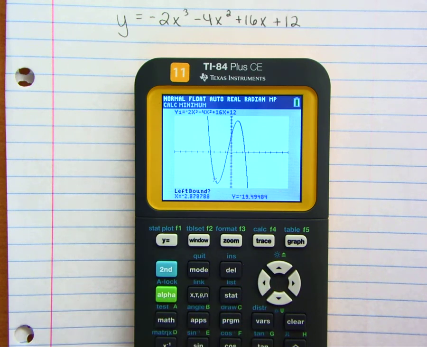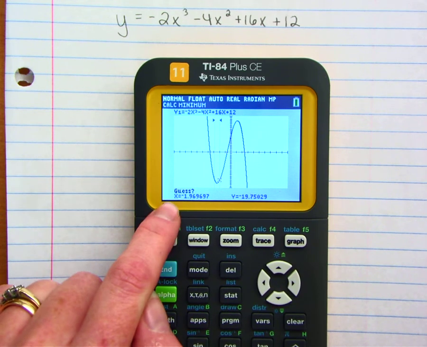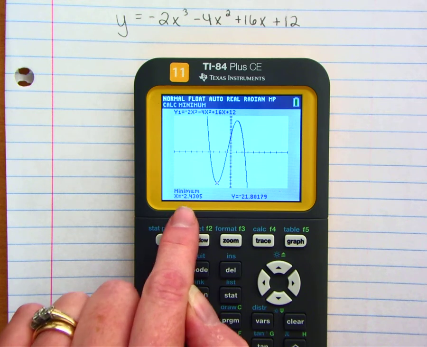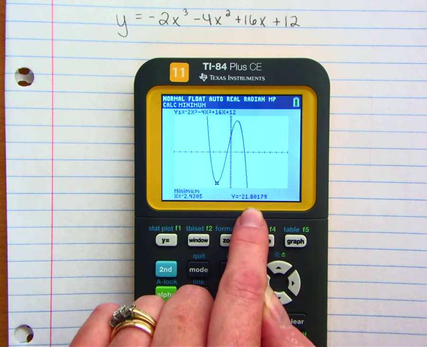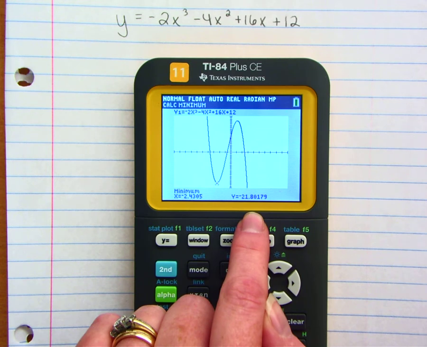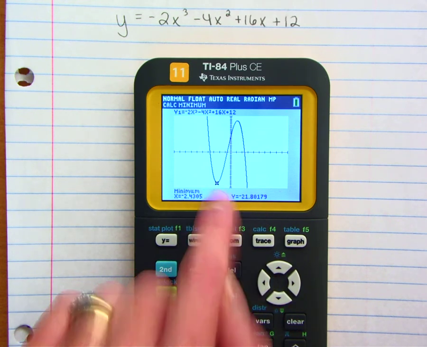So we're right over here, enter, and then to the right side, hit enter. It again says guess. If we hit enter one more time, the minimum value is when x is negative 2.43. The lowest the graph goes relatively is negative 21.80.